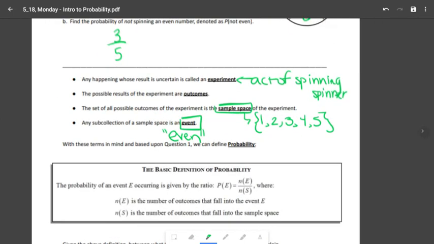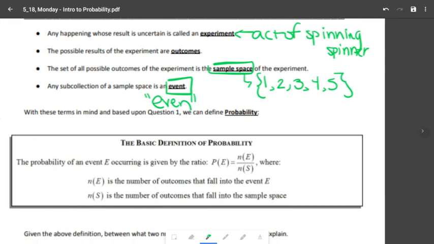So with these terms in mind and what we did in question 1, here is your definition of probability.